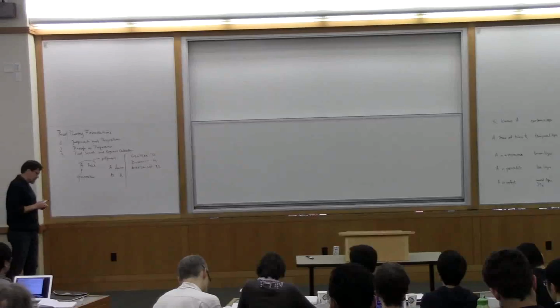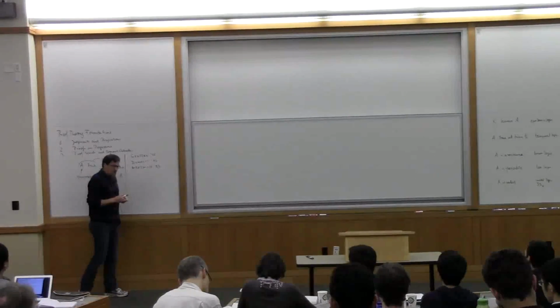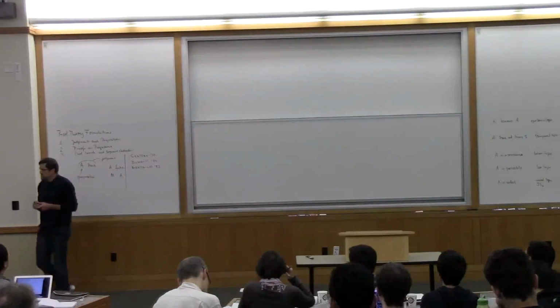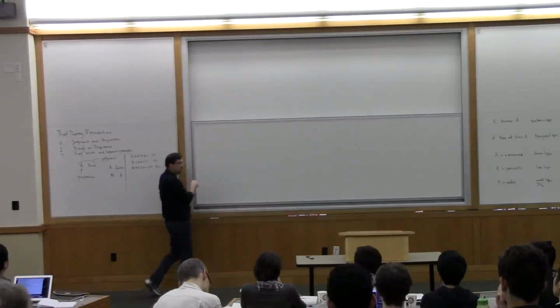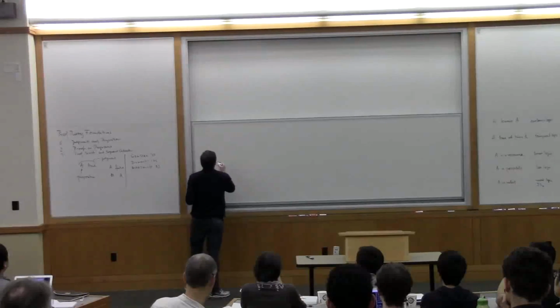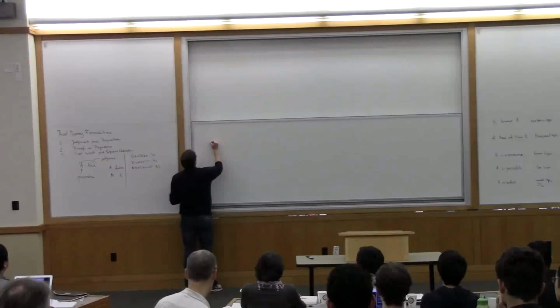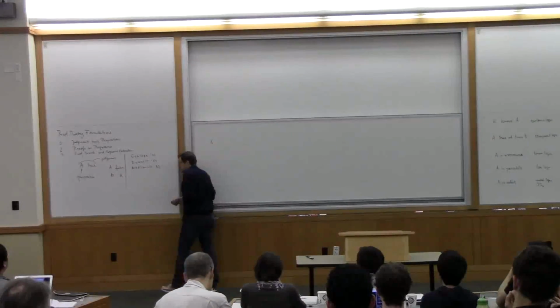Okay, so the first question is, and I'm going to use conjunction as my first example because it's very simple. Okay, how do you define the meaning of conjunction?